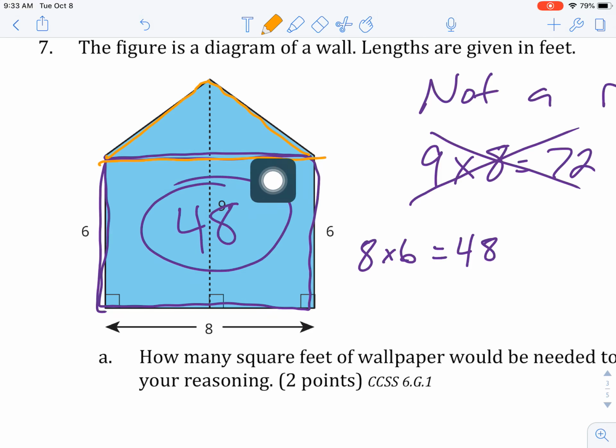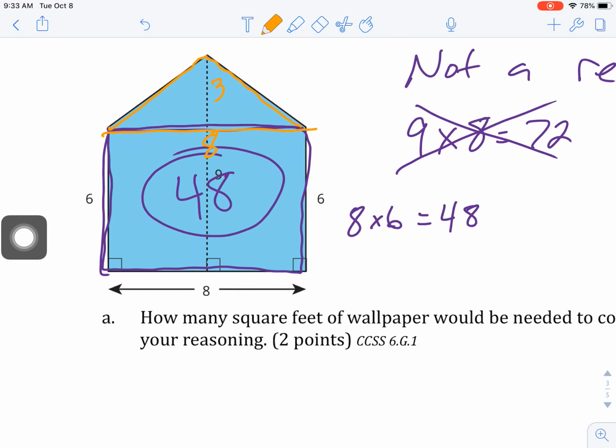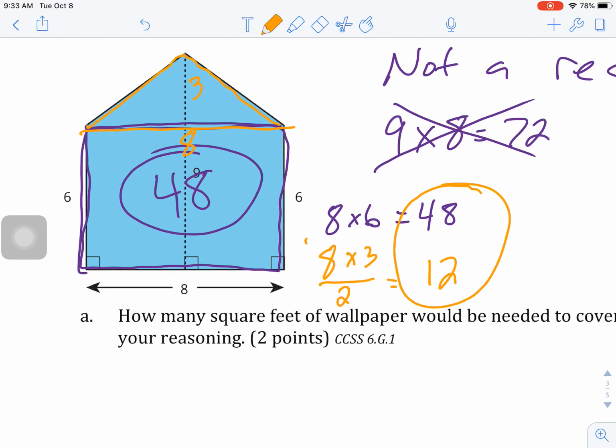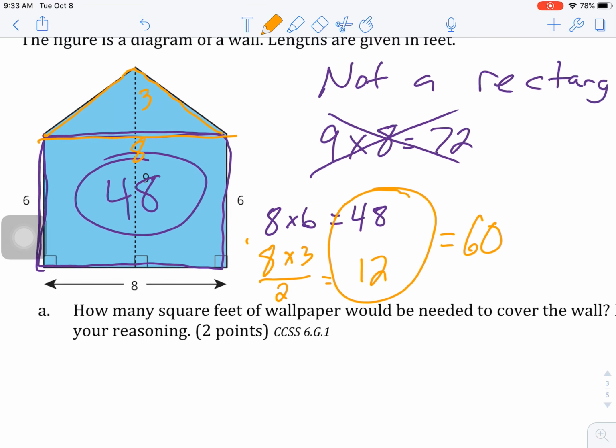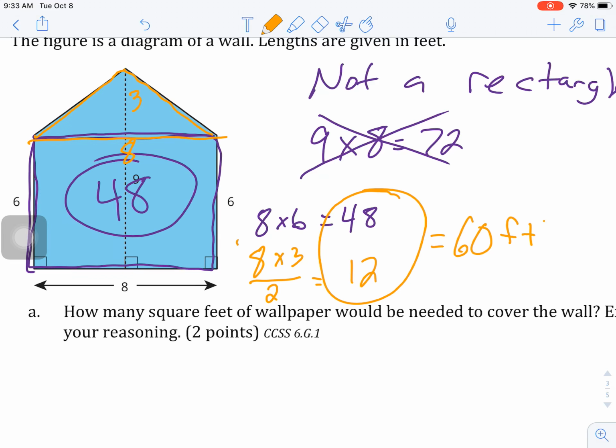I know this base is the same length as down here, so that should be 8. And now I need this height. Well, I know the whole line here is 9, and this little section is 6, so I should be able to do 9 minus 6, and this height is 3. So for my triangle, it's going to be 8 times 3 divided by 2. That's 12. So now I can just add these two up, and that equals 60, and then we can label it feet squared.